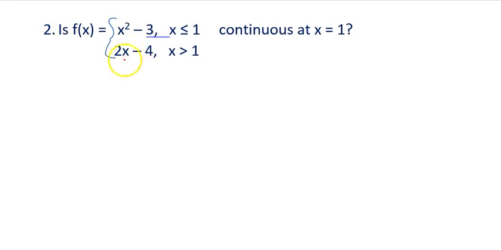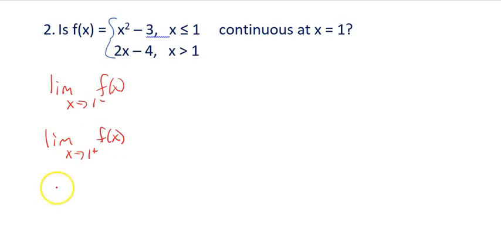So we have example 2, and it asks, is this function, which is a piecewise function, continuous at 1? So again, I'm going to do the limit as x approaches 1 from the left, the limit as x approaches 1 from the right, and f of 1.